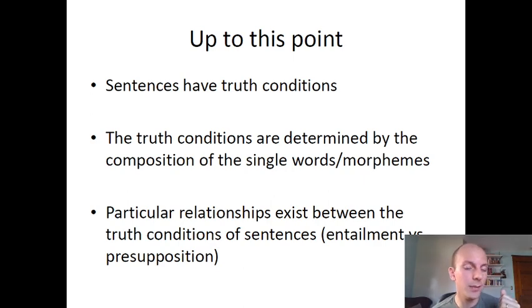We've also seen that these truth conditions can be derived compositionally, that a green grasshopper is, in set theory notation, something at the intersection of all the green things and all the grasshoppery things. And today we extended these two concepts of truth conditions and compositionality, looked at the relationship between different sentences, and came up with entailment and presupposition.